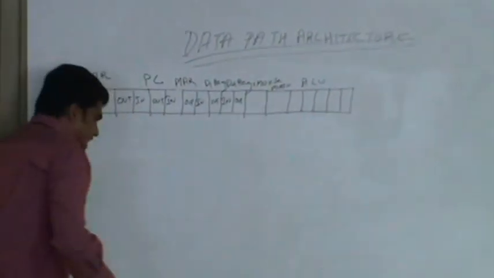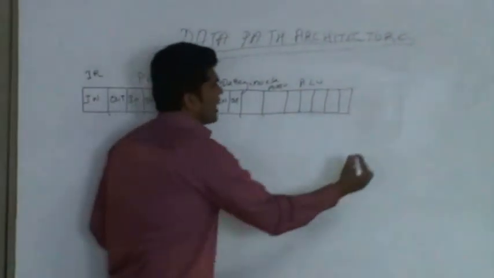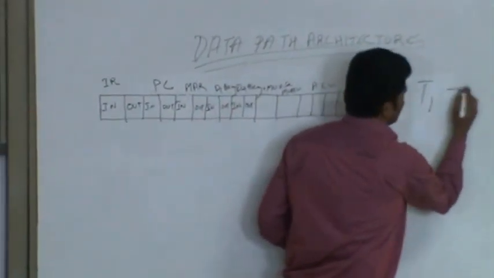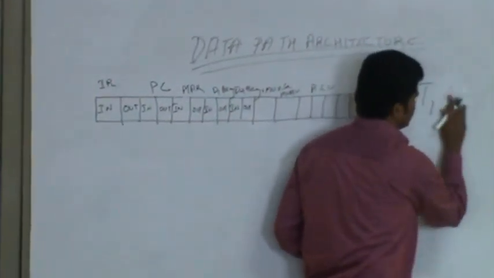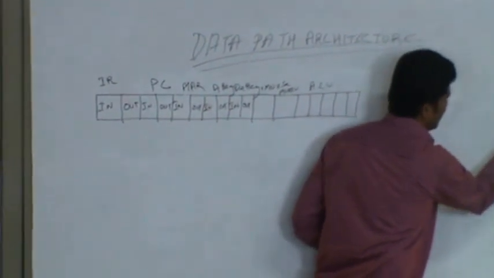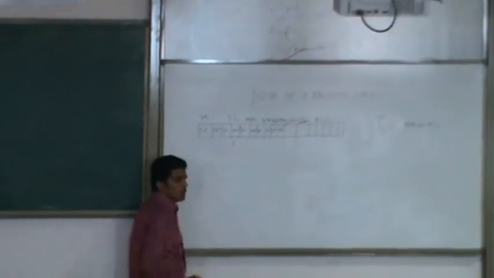So to generate a control signal at time t1 from PC to MAR, the first step is PC, the data is going out. So that particular out will be highlighted as 1.